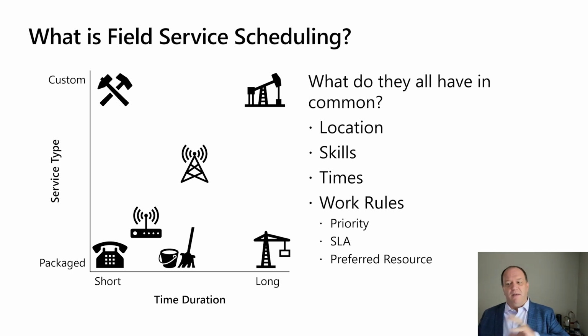So when we think about field service scheduling, you can't think of it as one giant block, that the scheduling for your field service organization is just like everybody else's. You've really got to figure out what the time duration is and what the service type is, and make sure you get the right match for the type of scheduling you're doing, as well as how you're actually doing the scheduling across them. So for example, Guru is going to show you some phenomenal enhancements to RSO.